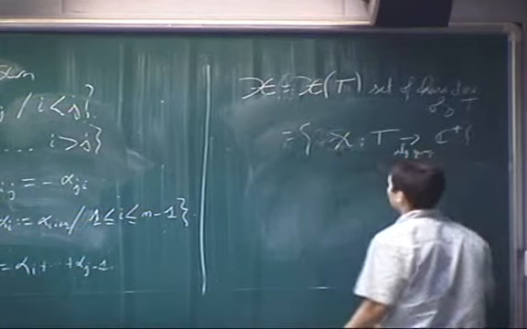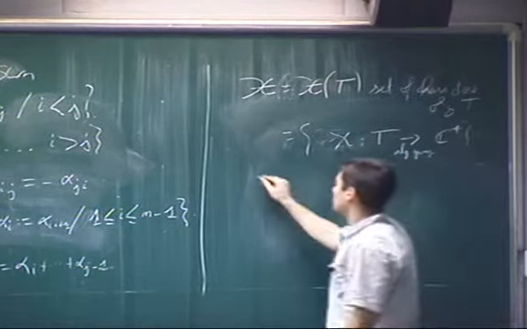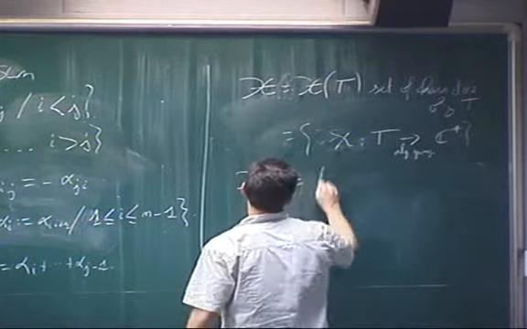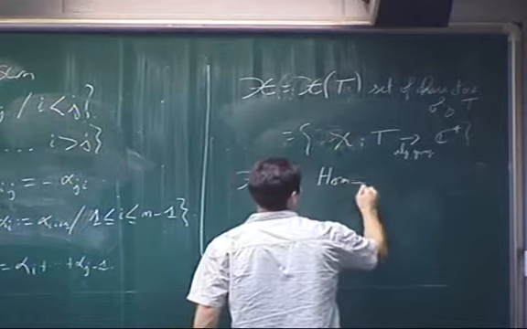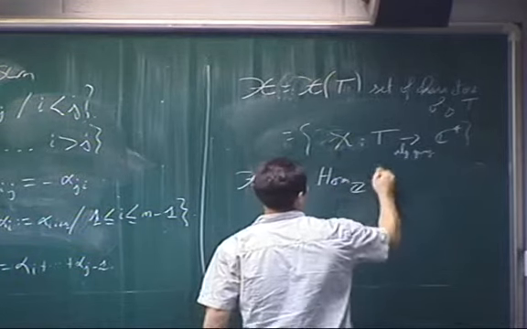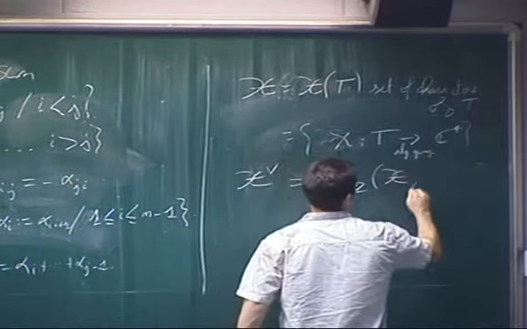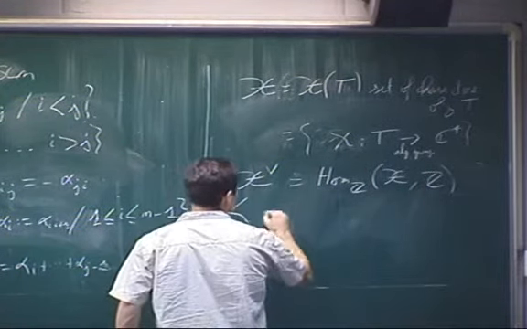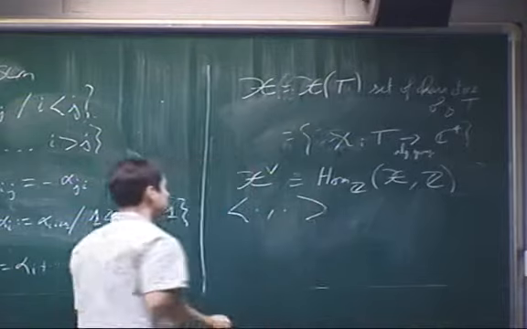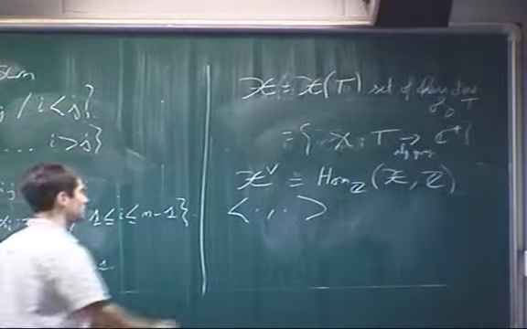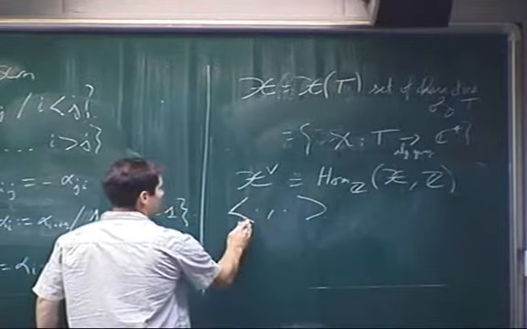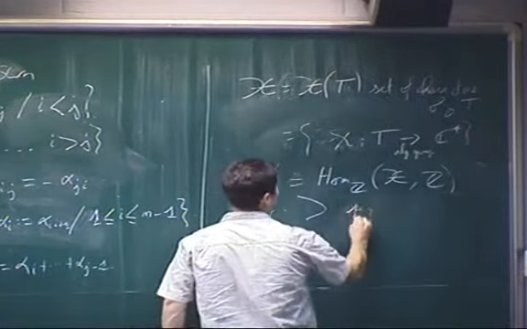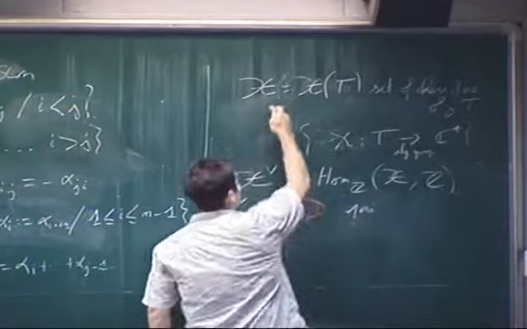And I take the dual, so it's the homomorphisms from chi to Z, and I denote by this double bracket the scalar product, the pairing between chi and chi dual.